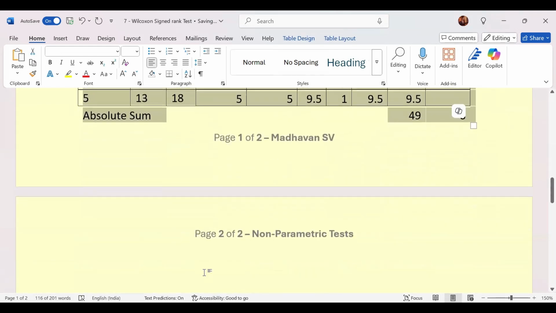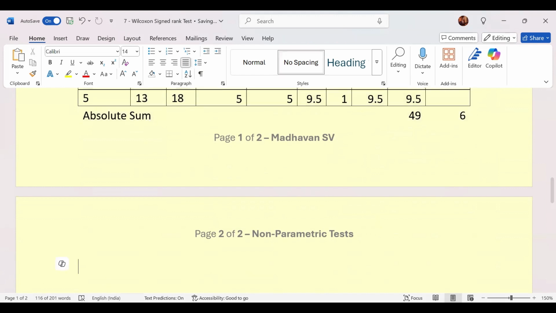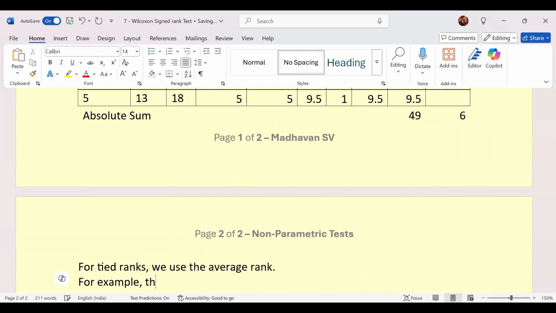Now we have the calculated values, we have to now proceed with what we did for the tied ranks. For tied ranks, we use the average rank. For example, there are two values with absolute difference of 1.